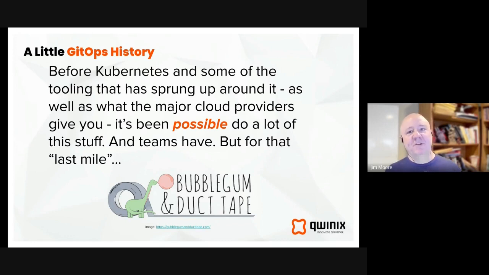But especially for that last mile kinds of stuff, for particular machines, keeping them up to date, all that kind of stuff, it's been a lot of bubblegum and duct tape. And so thankfully now that some of these other systems have matured, a lot of our practices have matured, that gives us a way of approaching these problems that are much more consistent. And therefore, again, we can move on to much bigger problems.